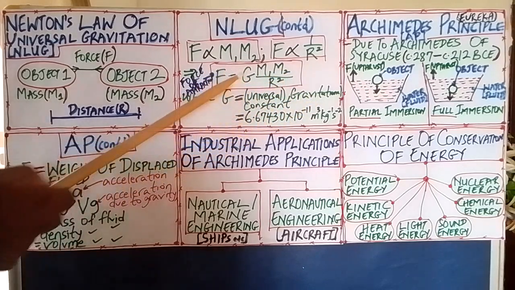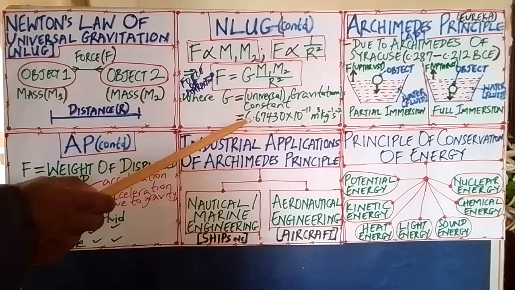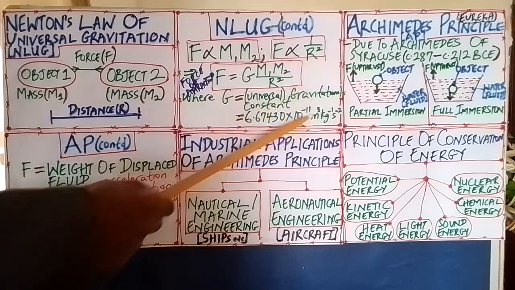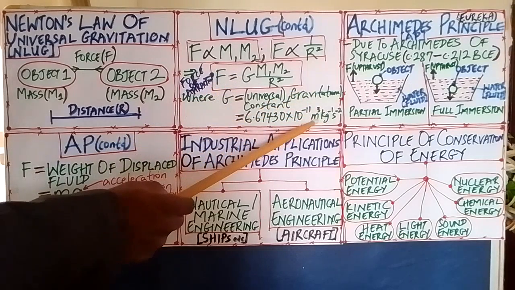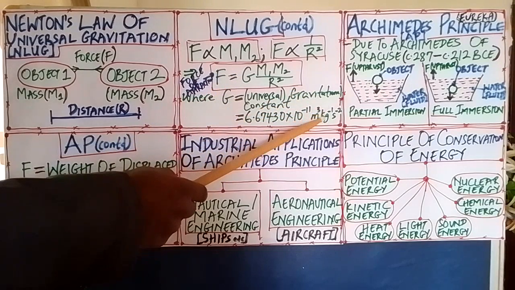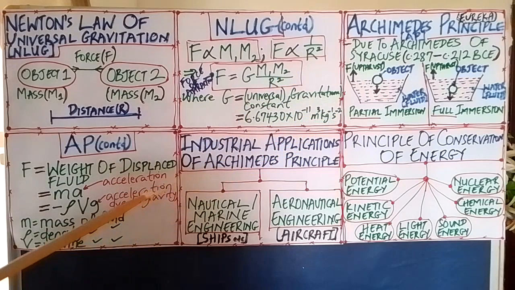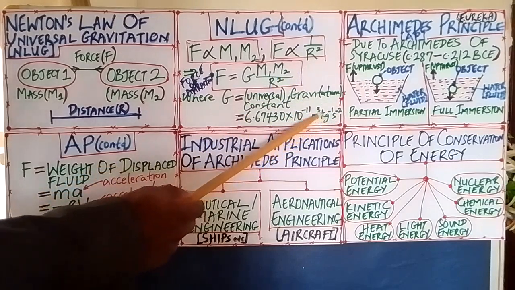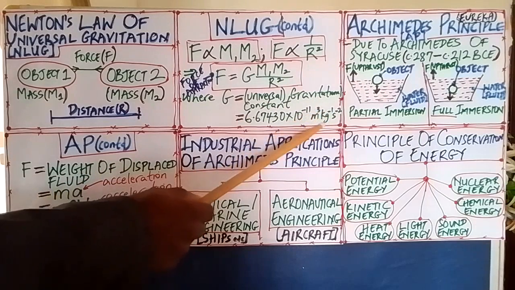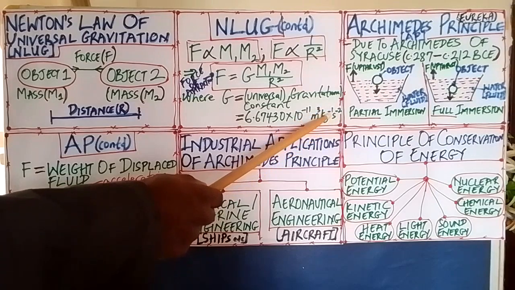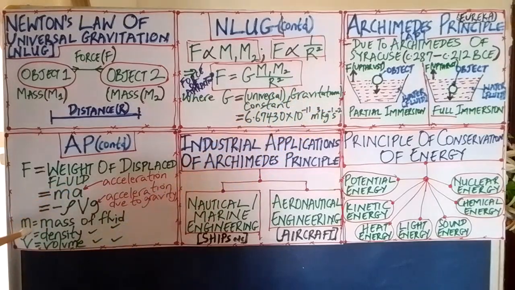It has been measured experimentally, and the value is 6.67430 times 10 raised to the power minus 11, and this is the unit: m^3 kg^-1 s^-2. Of course, we are talking of unit of distance, meters, kilograms, unit of mass, and s, the units of time.